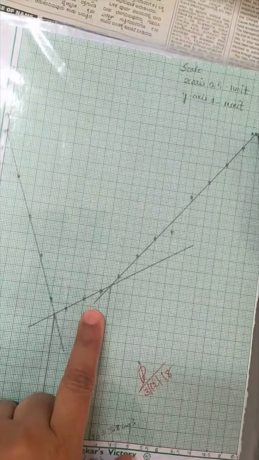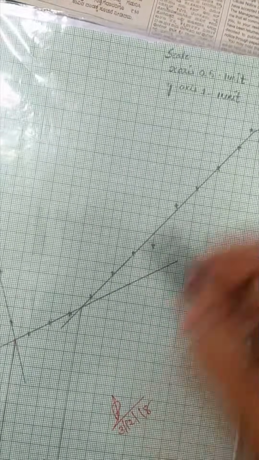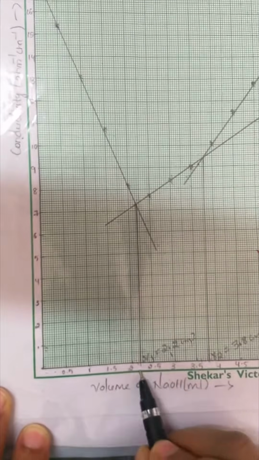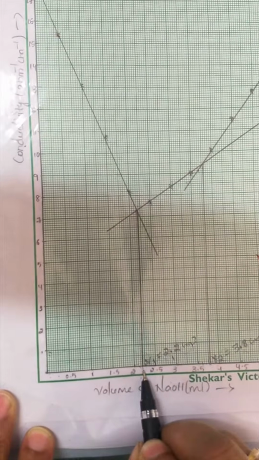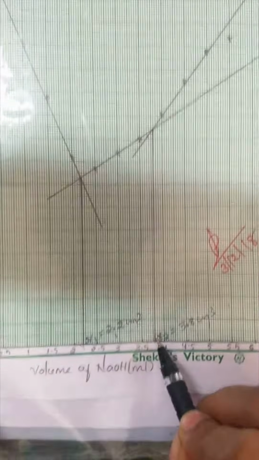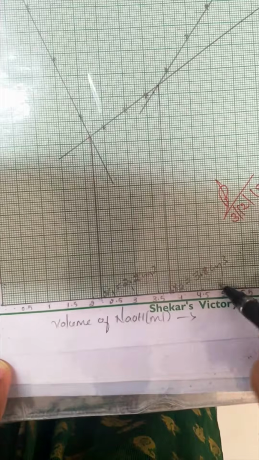Again from here to here we can join all the points and extend the line. Where these two lines are meeting, draw the perpendicular and mark it as V1 and find out the value. And at this point again draw the perpendicular and mark it as V2. By using V1 and V2 we can do the calculation.